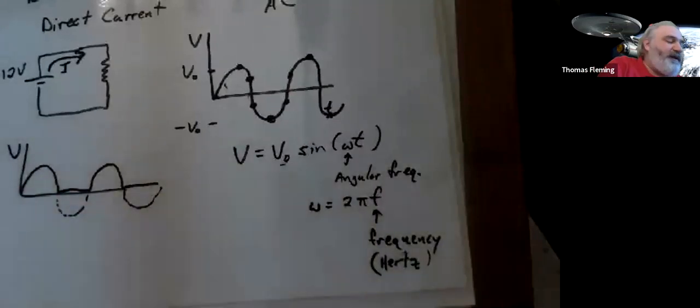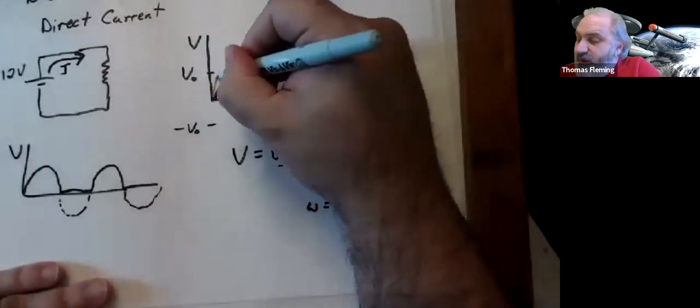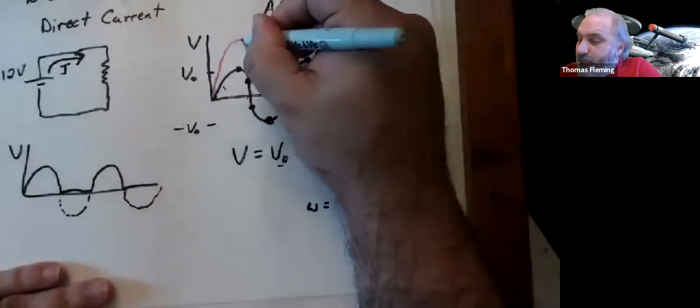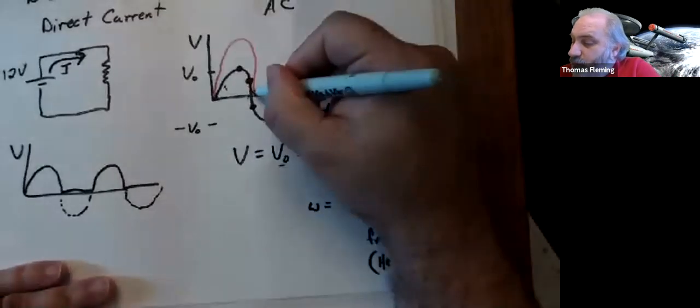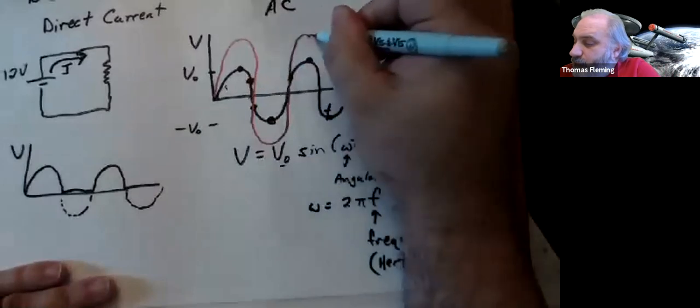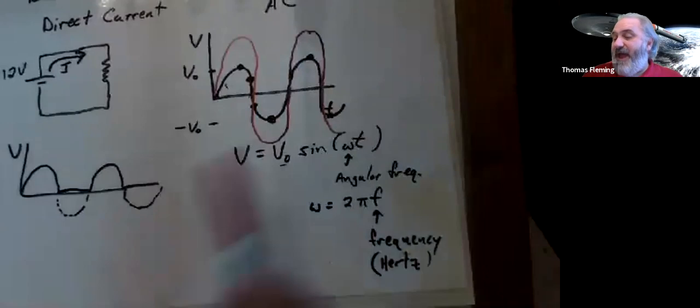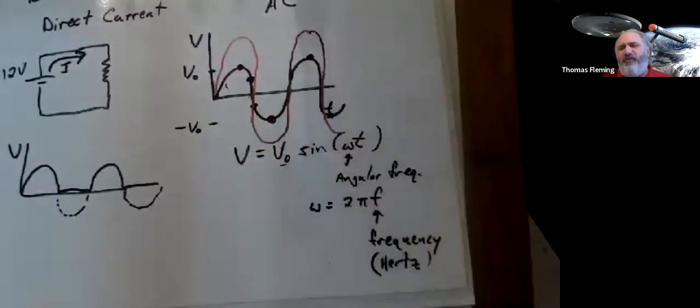Plus, what if I had a different size AC voltage? What if I had an AC voltage that made bigger swings? Like, here's one that goes way, way, way up high, down through 0, way, way down low, down through 0. Well, what's going to happen is the average for that red curve is still going to be 0, right?